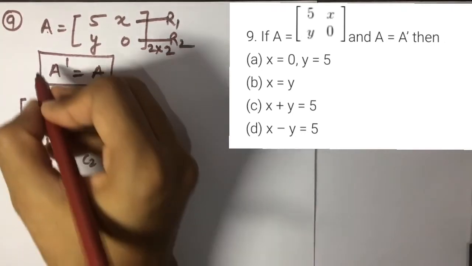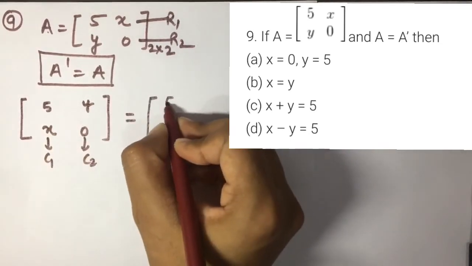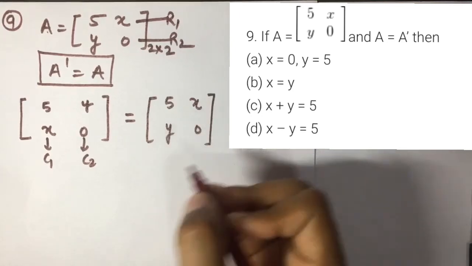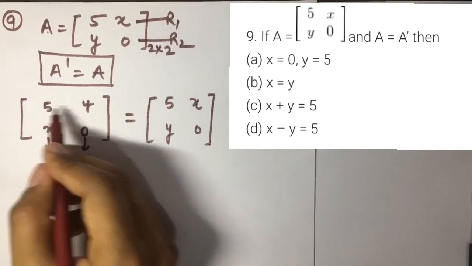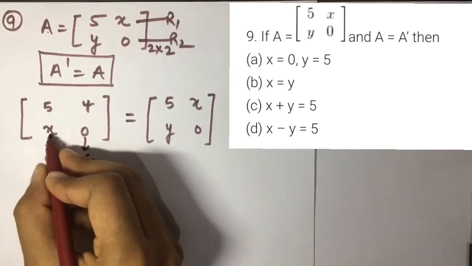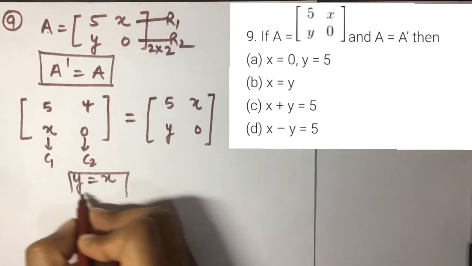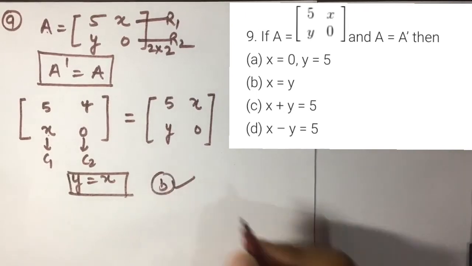Okay, so this is A transpose equals to A. Compare this and we get 5 is equals to 5, y is equals to x, x is equals to y and 0 is equals to 0. That means x is equals to y. Option number B is the correct answer.